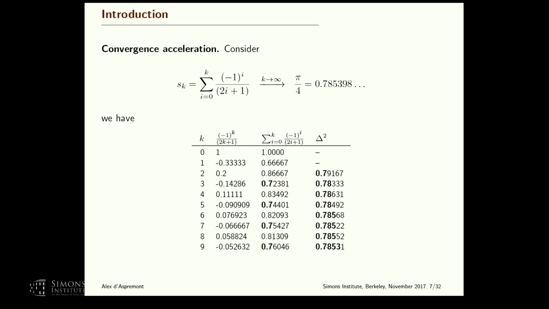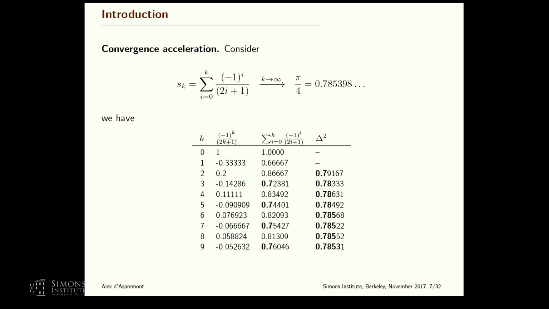And this seems to work amazingly well. Just a simple numerical example, a sequence here that converges to pi over 4, okay? The partial sums look like this, and after 10 iterations, you get about 1 digit of precision. You apply Aitken's delta square, using the 3 first iterates, for example, to get an estimate of the solution, and after 3 iterations, you get 1 digit of precision.